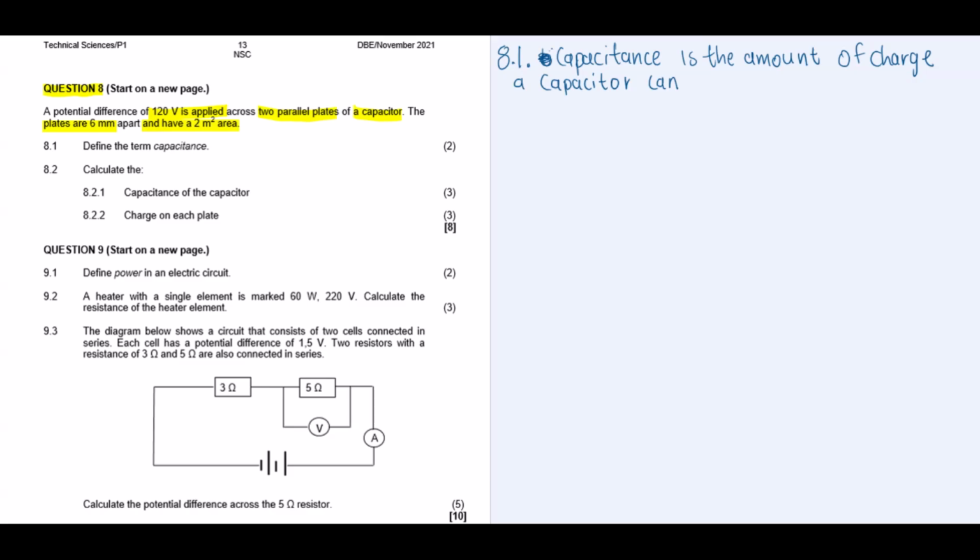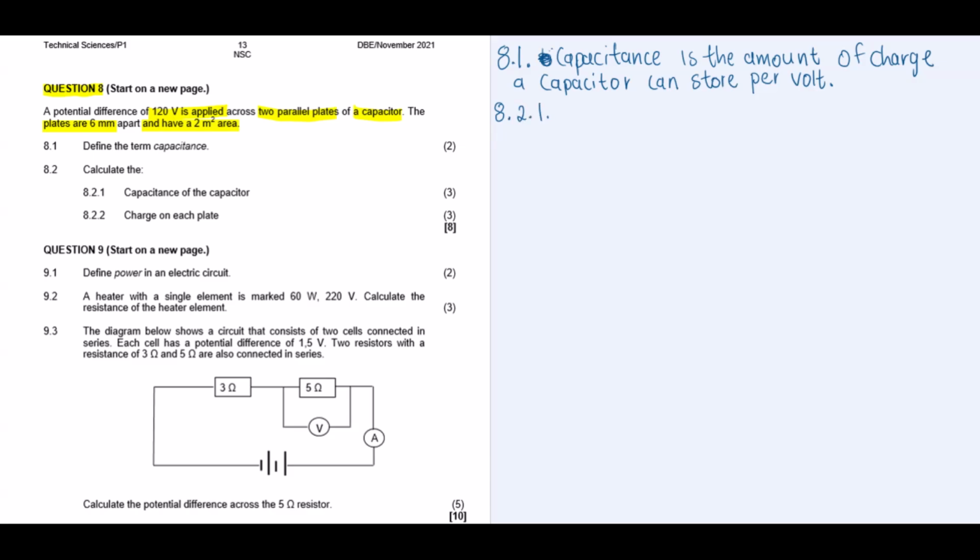Remember what a capacitor is. It's a device that can store charge, right? So capacitance is the amount of charge a capacitor can store per volt. That is the definition for capacitance.